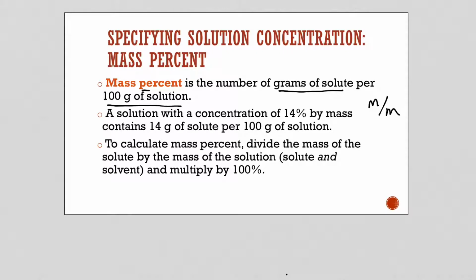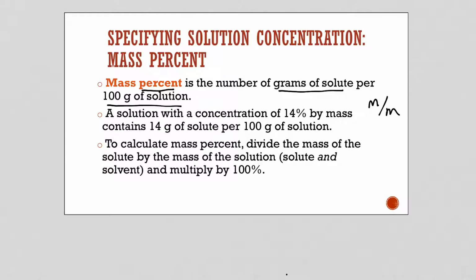And that's where the percent idea comes in, right? Percents are based on 100. So for example, if something is 14% by mass, what that means is that it's 14 grams of solute per every 100 grams of solution. So that would be a 14 mass percent solution.